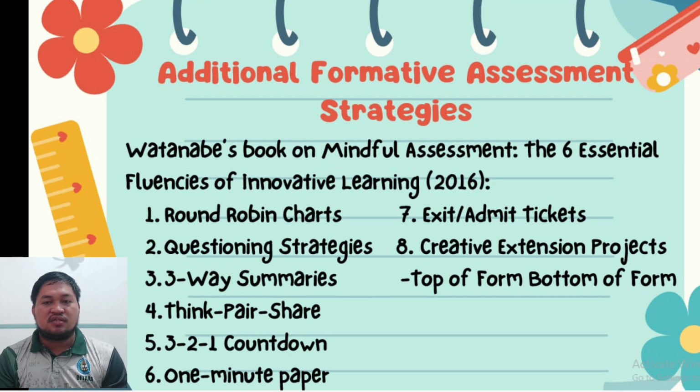Exit admit tickets is a quick informal assessment or reflection activity used either at the beginning or end of a lesson to gauge student understanding and provide feedback to the teacher. The purpose of exit admit tickets is to activate prior knowledge, focus student attention on the lesson, and assess what students already know about the subject.